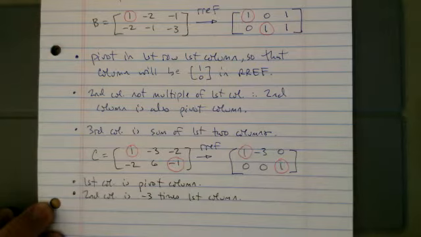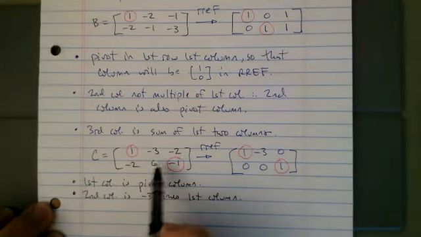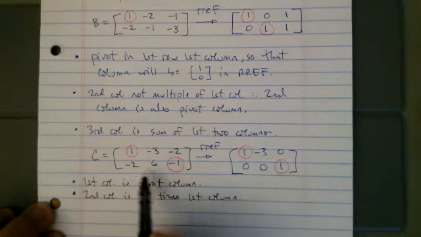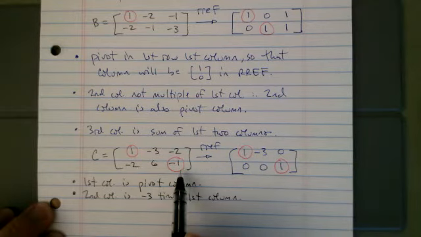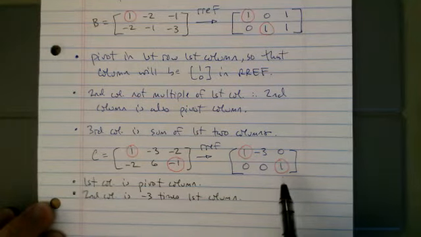And then the third column is not a combination of the other two because it is not a multiple of either one of them. So if there's no way I can add these together. If I add 1, -2 and -3, 6, any linear combinations of these will just come out to multiples of 1, -2. Since -2, -1 is not a multiple of 1, -2, the third column must be a pivot column.